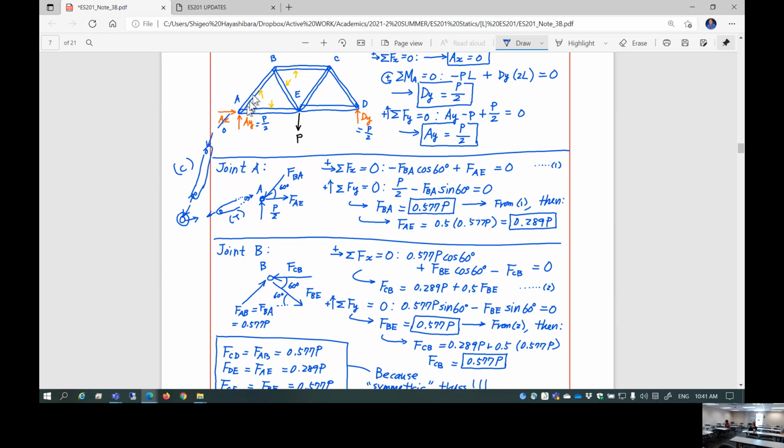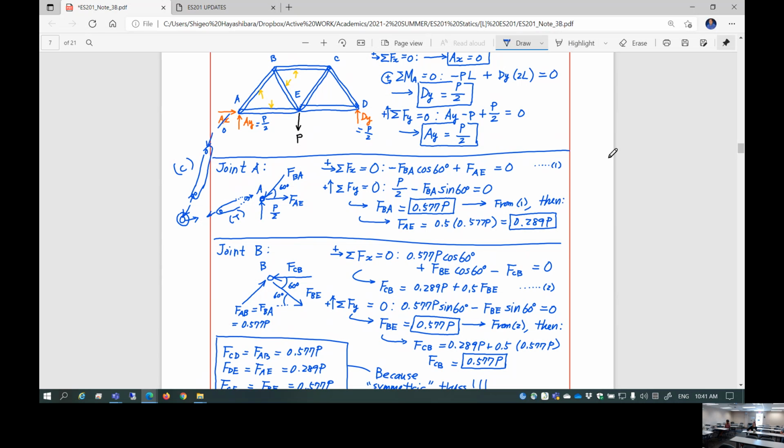So it seems we end up having compressive force developed in this member, because P is trying to drag the entire member down, and this is kind of resistive against it. So as a result, this member is under compression. Again, it's based on observation, but that's what's happening.